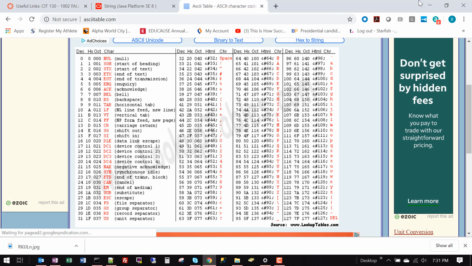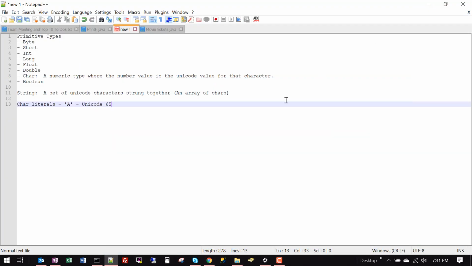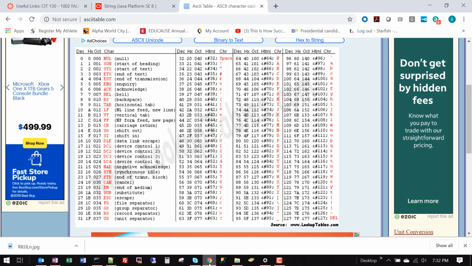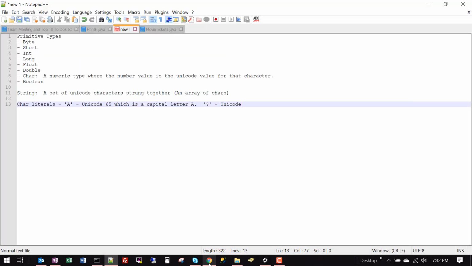Capital A is indeed 65, which is a capital letter A. Similarly, we could say question mark, which is Unicode 63, is a question mark.